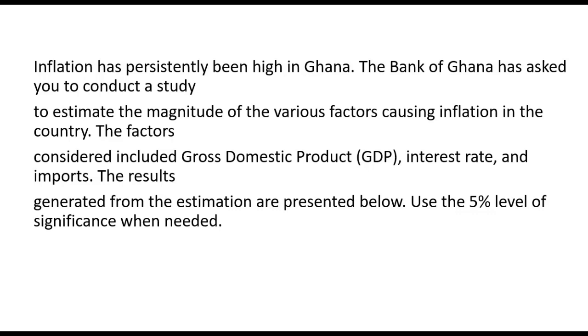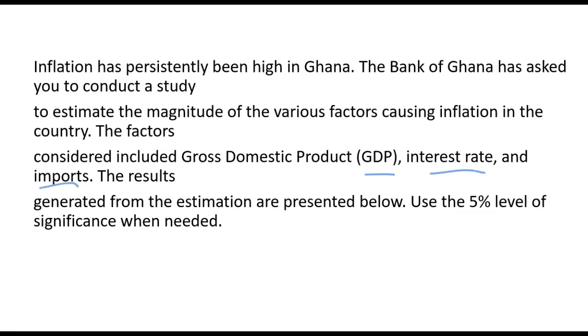So our dependent variable will be what? Inflation, because inflation is what this particular research was trying to predict. And the factors that would predict the inflation are GDP, interest rate, and imports.